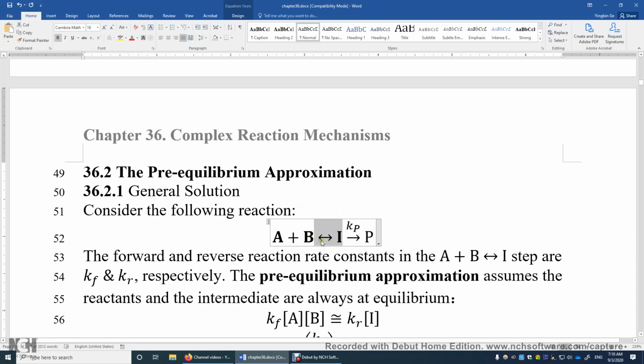The forward reaction from A plus B to I and the reverse reaction from I to A plus B are so fast that we can always maintain a fast equilibrium between A plus B and I, regardless of the existence of the second step. Again, this step from I to P is really, really slow.